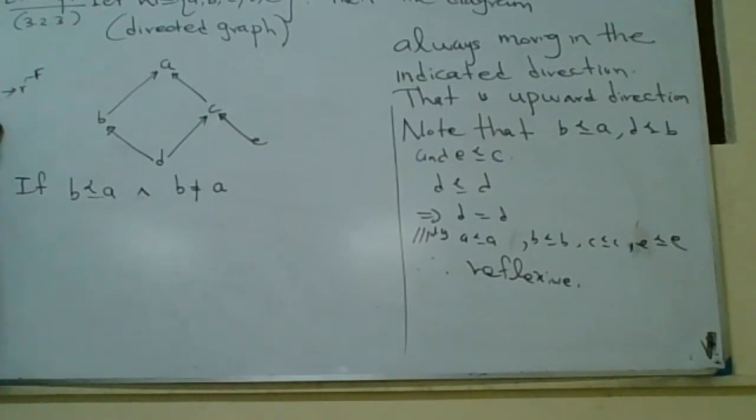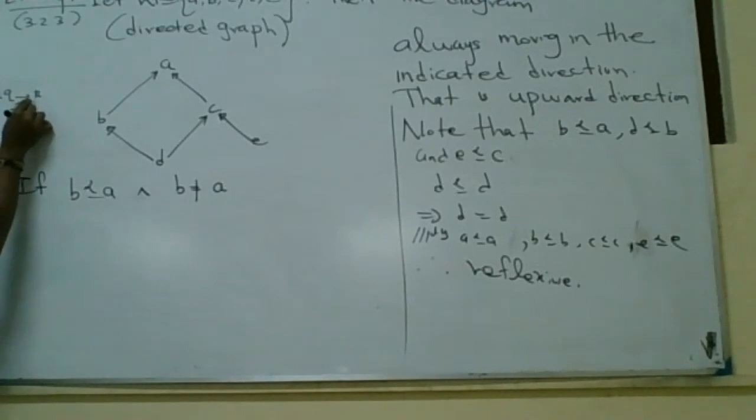Which one is false? Otherwise you can do it like this. Here one is the P statement and another is the Q statement, P and Q. Suppose R is false.